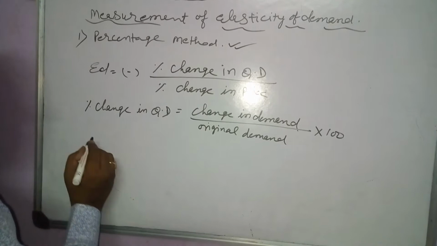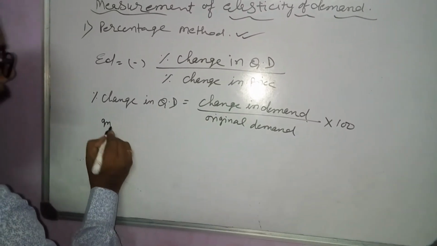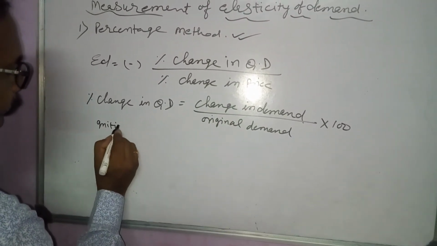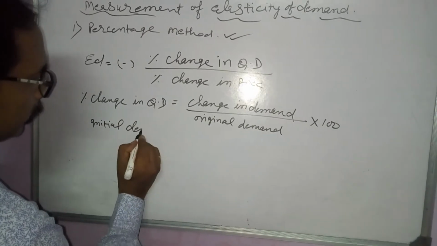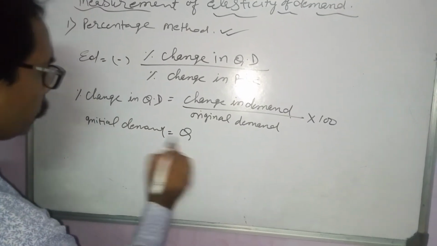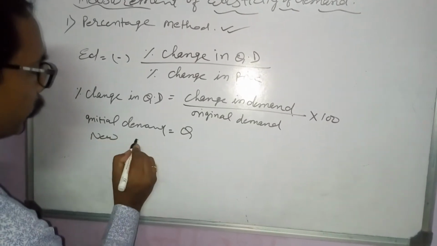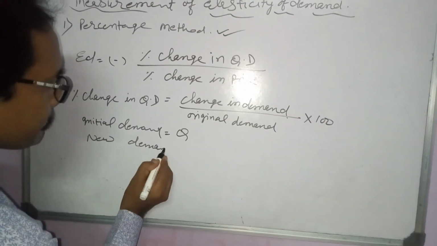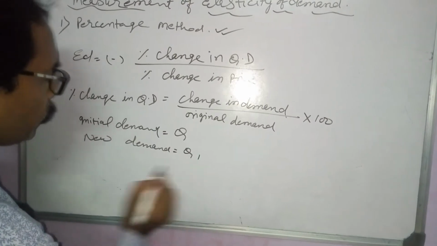So how can we derive the change in demand? Let initial demand be equal to Q, new demand be equal to Q1.